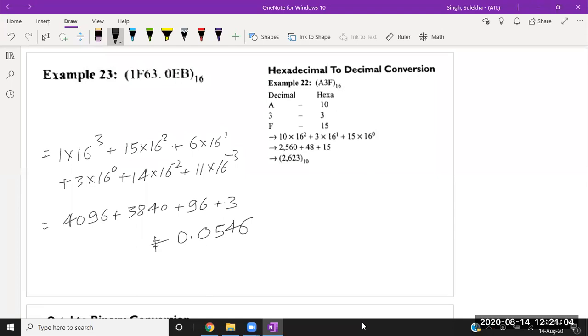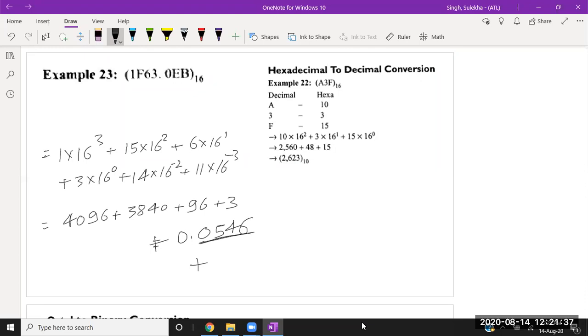Whenever you are dealing with the fractional part, you need to consider at least 4 digits after the decimal. If you have considered 0.05, your answer will be somewhat different from the original answer. It will create an impact: when you convert it in the reverse manner, you will get a different answer.